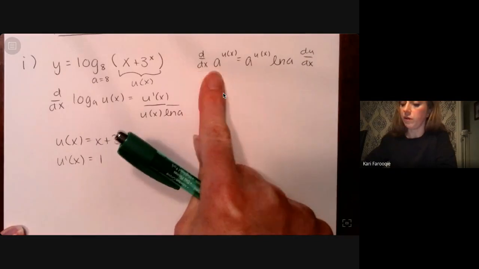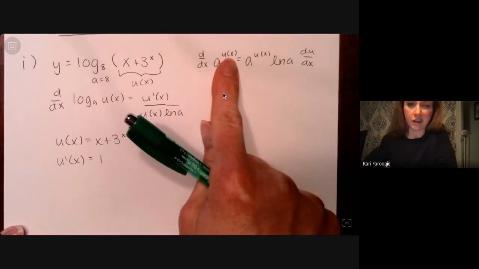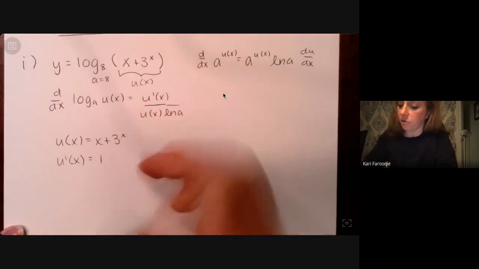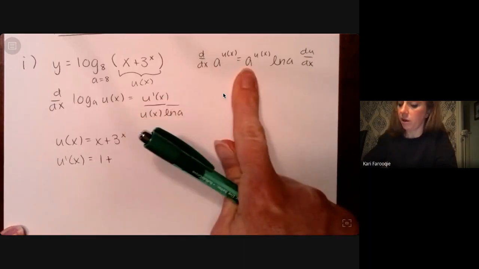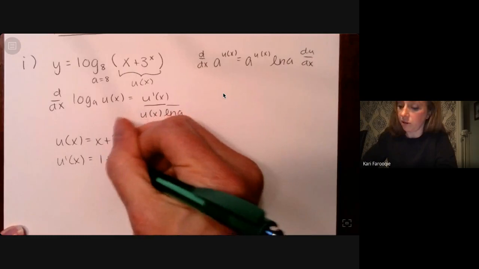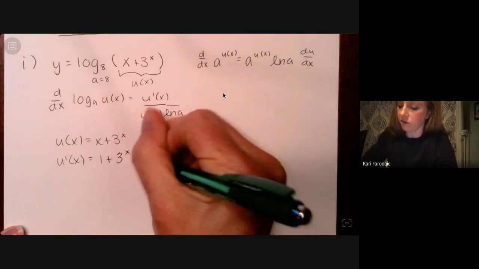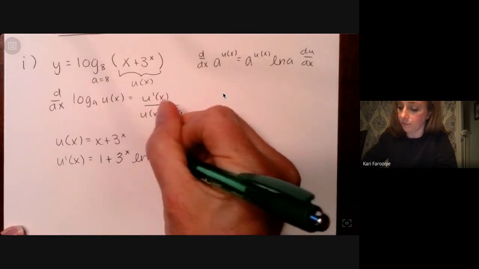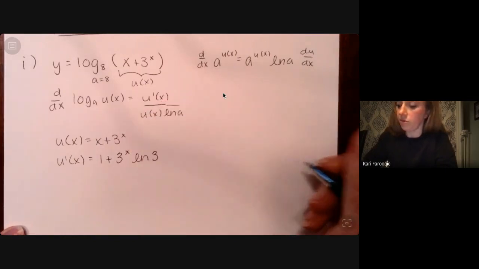The derivative of a to the u of x, well, we don't really have u of x in this case, we just have x, but that's okay. Is going to be a to the u of x, so that's 3 to the x, times the natural log of a, well, a in this case is 3, times du dx.